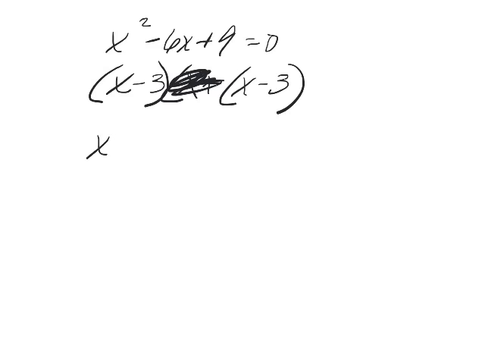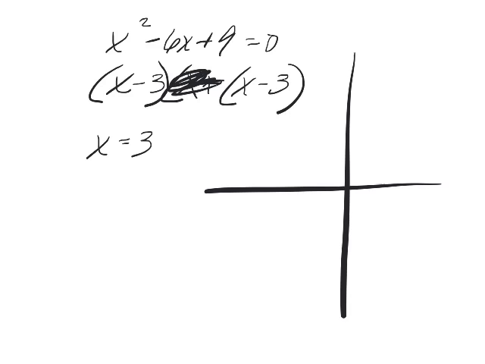So my x value is 3 for one, 3 for the other, and that means when I graph it, I get a parabola whose vertex is on the x-axis right there. So that's why they only got 1 point there.